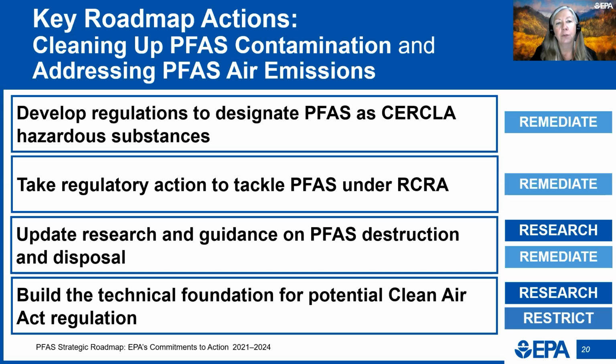If finalized, this rule would require facilities across the country to report PFOA and PFOS releases that meet or exceed the reportable quantity for these substances, enhance the ability of federal, tribal nations, state, and local authorities to obtain information regarding the location and extent of releases, and enhance the ability of EPA and other agencies to respond to releases or threats of releases of PFOA and PFOS, and help establish national consistency in the evaluation and cleanup of these chemicals and encourage better waste management practices.